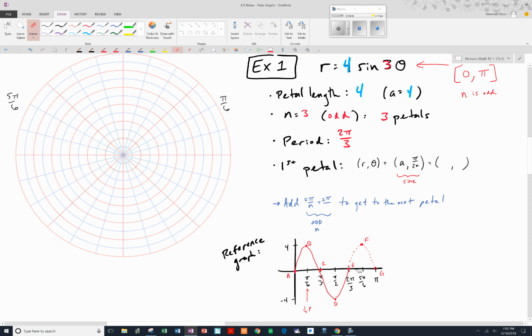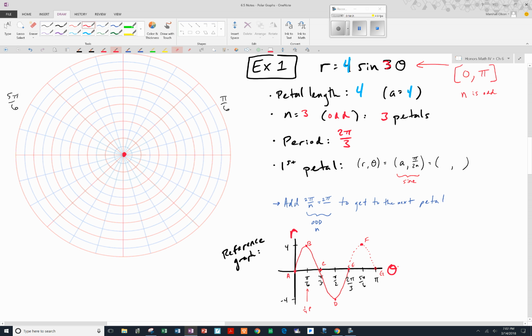So when theta is 0, we know that r is 0. But our next point, B, is going to be when theta is pi over 6. Well, pi over 6 I already have marked down there, and this is now our r axis, this is our theta axis.